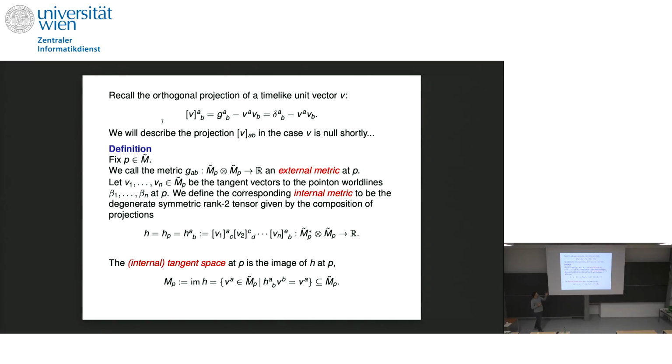So they're built from g, but we're projecting out the tangent vectors to these pointon world lines. And we define the internal tangent space at P to be the image of h at P. I denote this tangent space M_P. So this is the internal tangent space, and then M tilde_P is the four-dimensional tangent space from M tilde, our four-dimensional manifold.